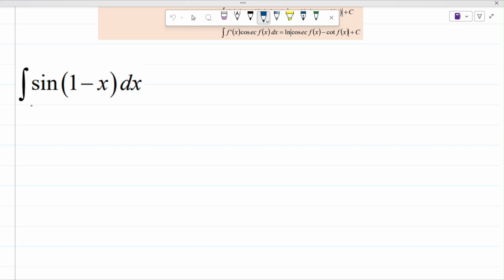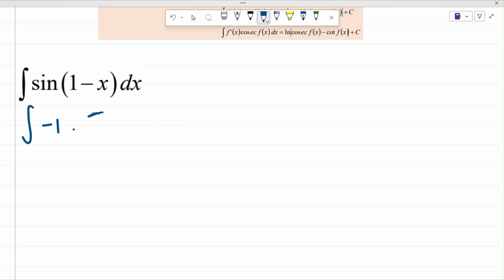Let's rewrite this nicely. We're going to say minus 1, which is the derivative of the argument, multiplied by sine of 1 minus x dx. Makes sense, right?